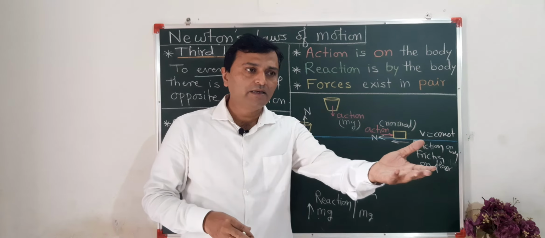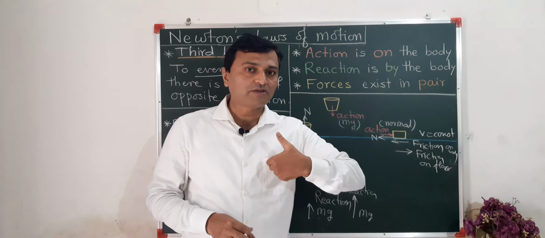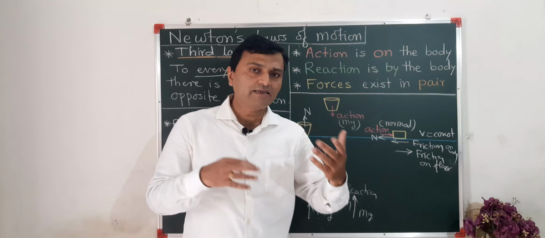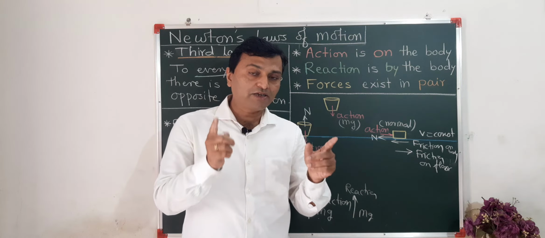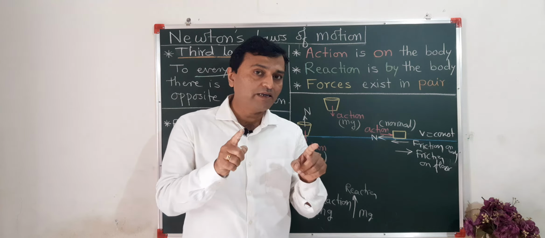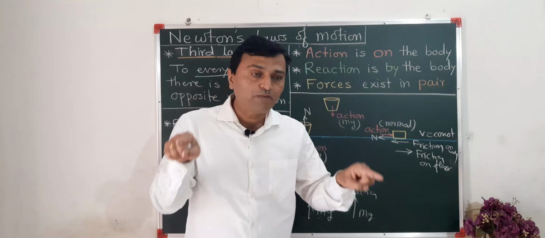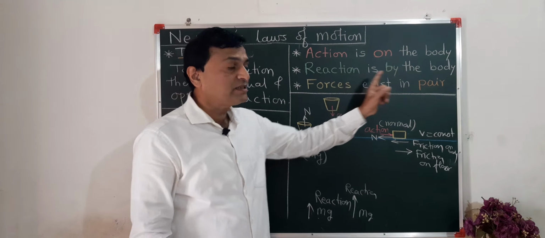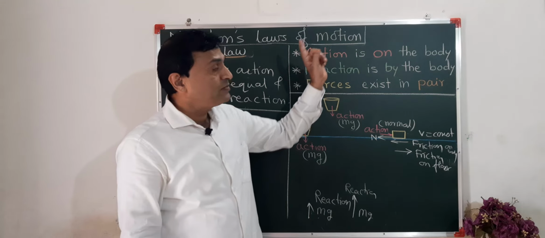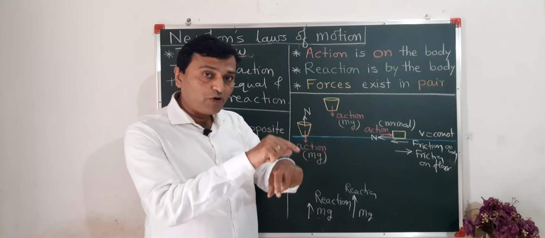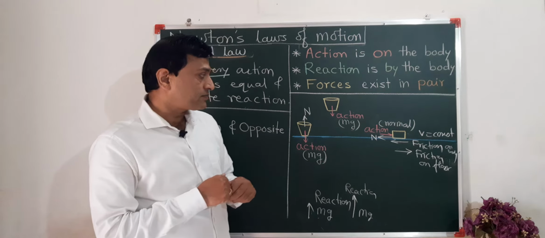Suppose I am scolding, there will be some response from student. That is different thing. But action reaction must be simultaneously in opposite direction and onto different bodies. Forces must be in pair. They must be on the two different bodies, action reaction. Okay.